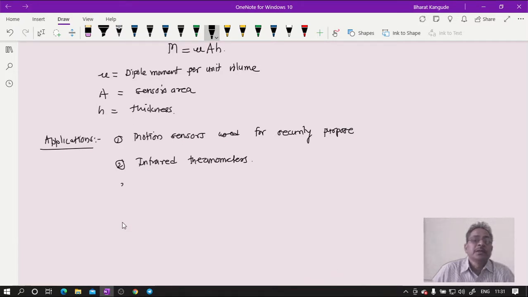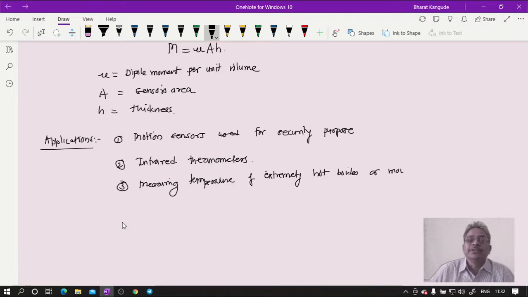Third is measuring temperatures of extremely hot bodies or moving objects. It is possible with the help of this type of thermometers. A fourth application we could go into, but there is no need. So these three important applications are there.